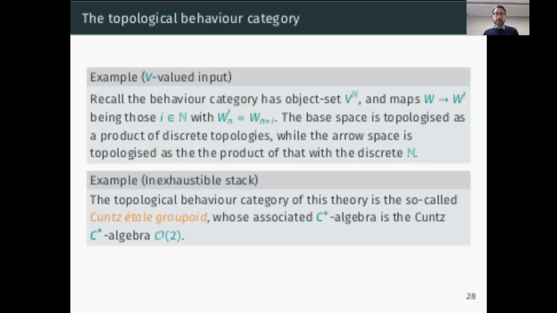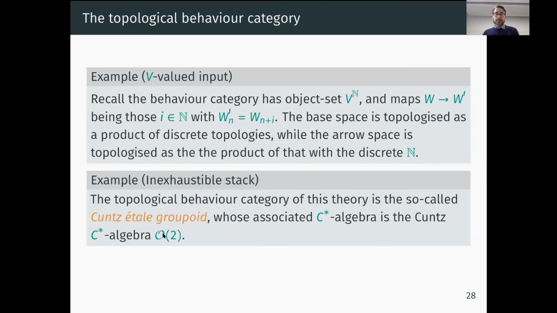And I just want to mention this because if I look at this theory of an inexhaustible stack, then when I topologize this category B associated to it, where objects are these binary strings and maps add or remove initial segments, I get this thing called the Kuntz et al. groupoid, which is something that turns up in the theory of C-star algebras.